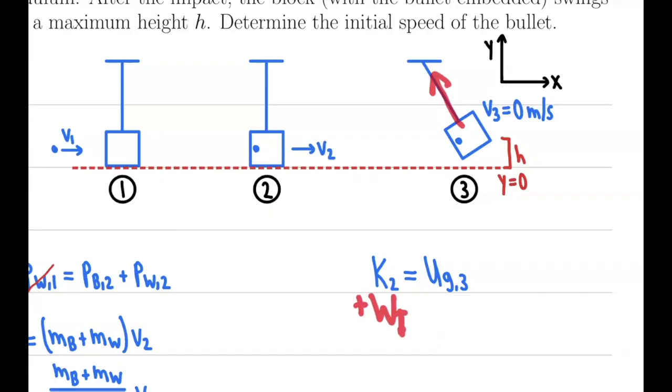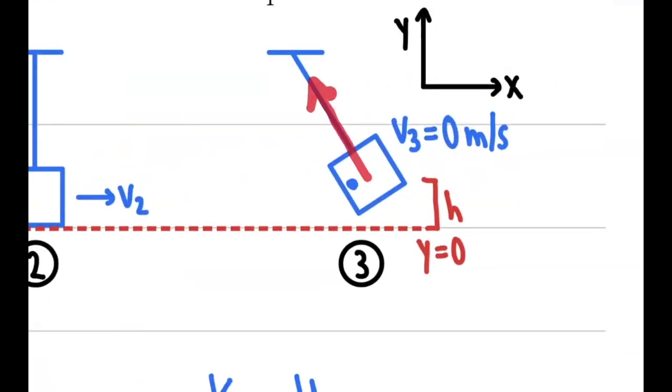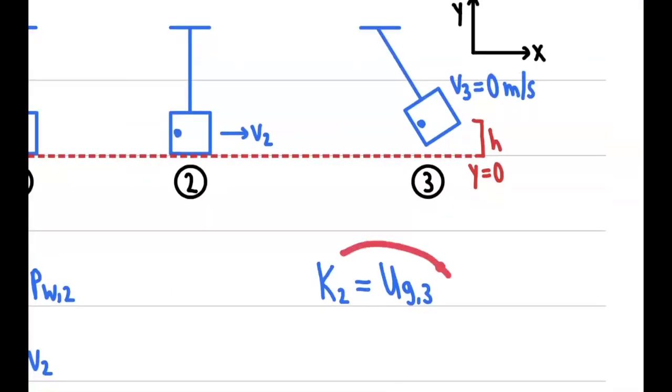It seems reasonable, but appearances can be deceiving. I don't have to take tension into account because it's perpendicular to the displacement, so it does no work. So we don't have to worry about that, even though it's a non-conservative force. So the work done by the non-conservative forces is 0.